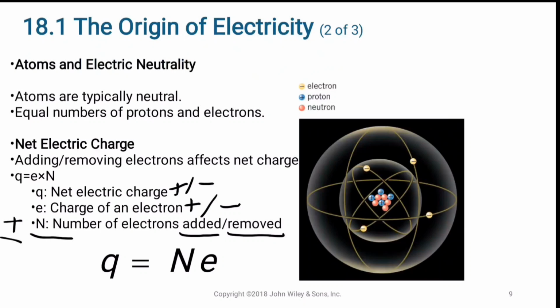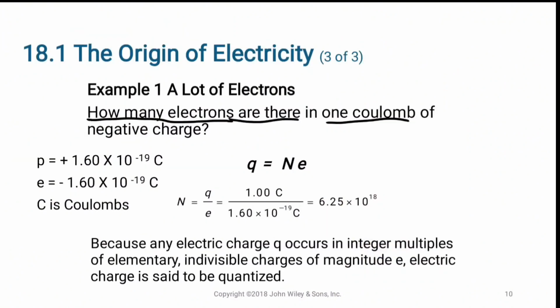So if we go back to the definition of this formula, N is the number of electrons added or removed. Going back to the problem, it says how many electrons are there. So we can assume that it asks how many electrons a certain atom contains, or how many electrons have been added or removed. Again, it can be positive or negative. That's why it will be absolute.